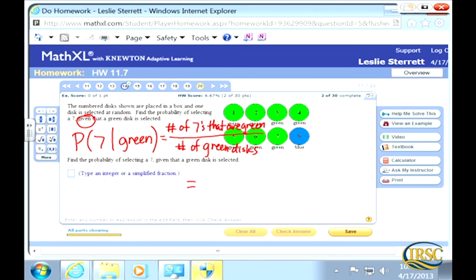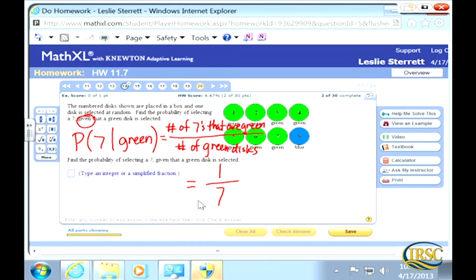Okay, so how many 7s are green? Just one. There's only one 7. And then how many of the discs are green? 7. So your probability is 1 over 7. Okay, so conditional probability: the numerator is how many they have in common of the two things you're looking at.